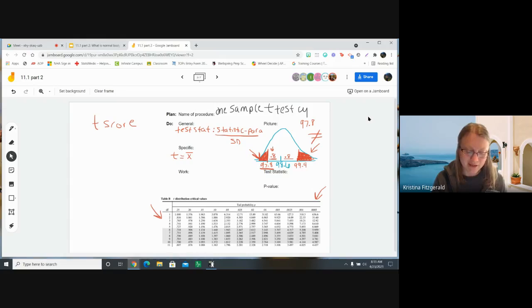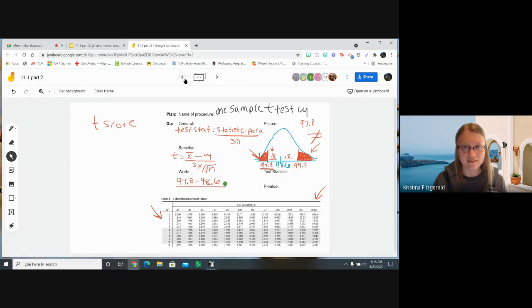I take my x bar minus the true mean, divided by the standard deviation, which is this formula when we're looking at averages. Then I just plug in my numbers: 97.8 minus 98.6.